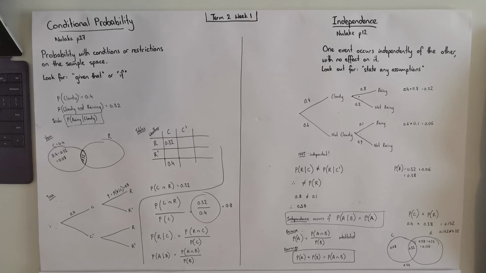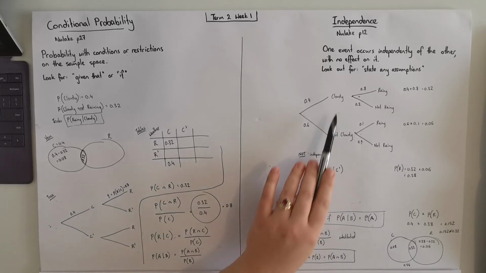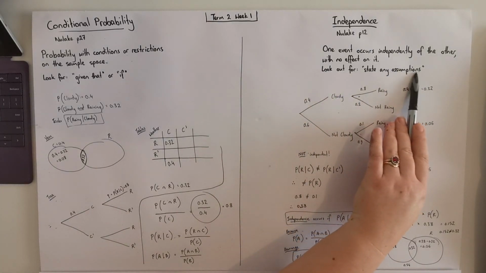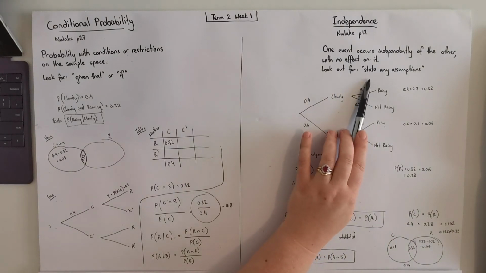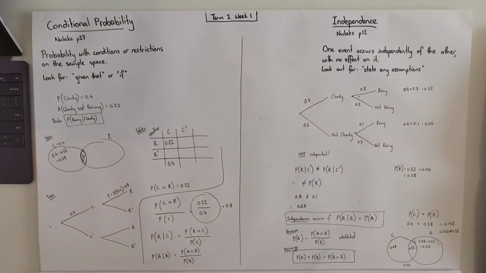In an exam question, they will often give you a question that doesn't specifically tell you they are independent or not. This is why I had this warning here to look out for the phrase state any assumptions you had to make. Often they might give you the probability of it being a cloudy day and the probability of it being a rainy day, and they are asking you to calculate this in the middle here.